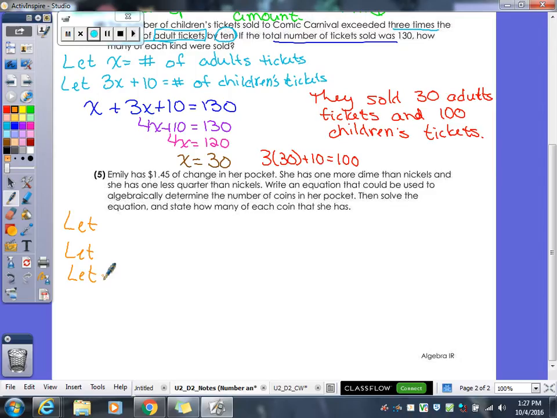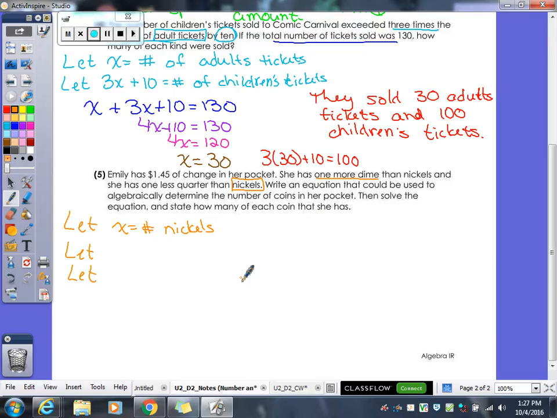Now, as I said, every word problem always has something that is just x. So which one is our x? Dimes, nickels, or quarters? Nickels. Nickels is mentioned last. So x is your number of nickels. So it says she has 1 more dime than nickels.